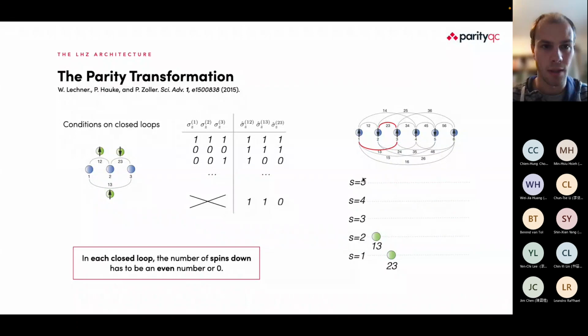So this variable s here indicates the difference between the logical indices involved in the physical qubit. So for example, here we have 2, 3. 3 minus 2 is 1, therefore we have s equals 1. Here we have 3 minus 1 equals 2, so we have s equals 2 and so on.